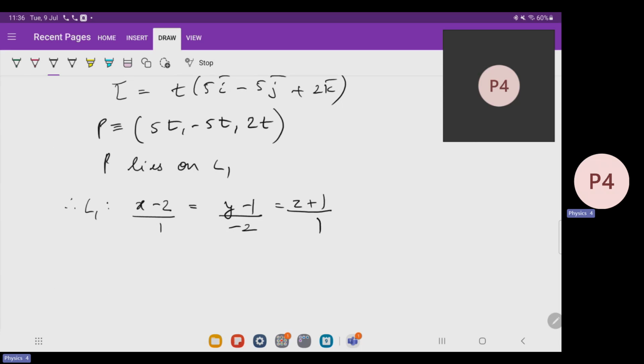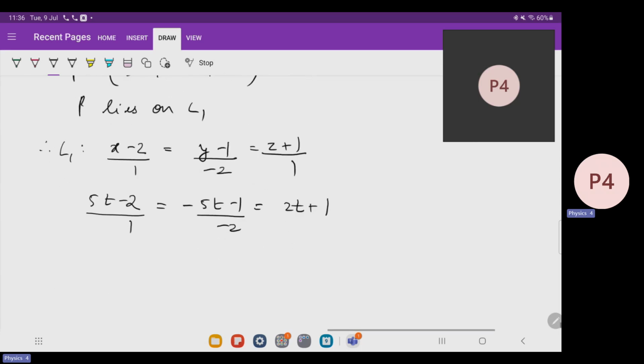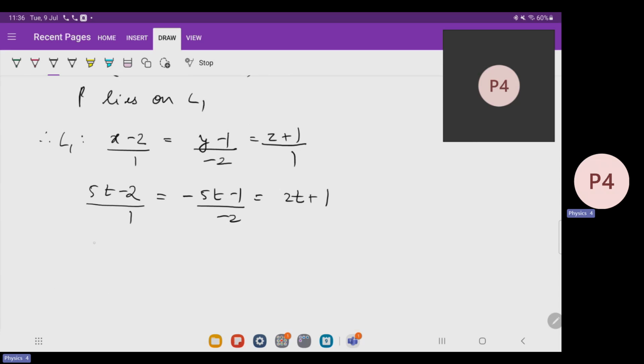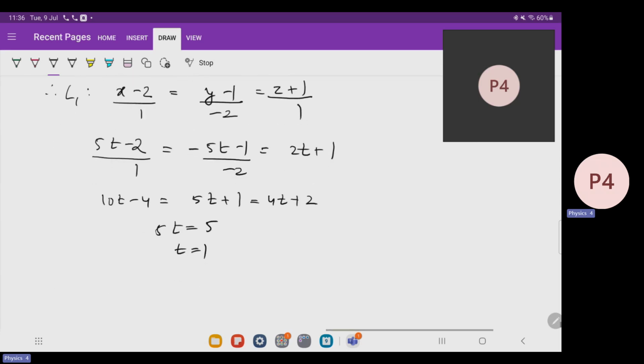This is the symmetric form of L1. So substitute x as 5t, y as minus 5t, and z as 2t. You multiply with 2, you will get 10t minus 4 is equal to 5t plus 1 is equal to 4t plus 2. You take any two and solve, you will get the same value. So 5t is 5, you will get t as 1. So P point simply becomes (5, minus 5, 2).